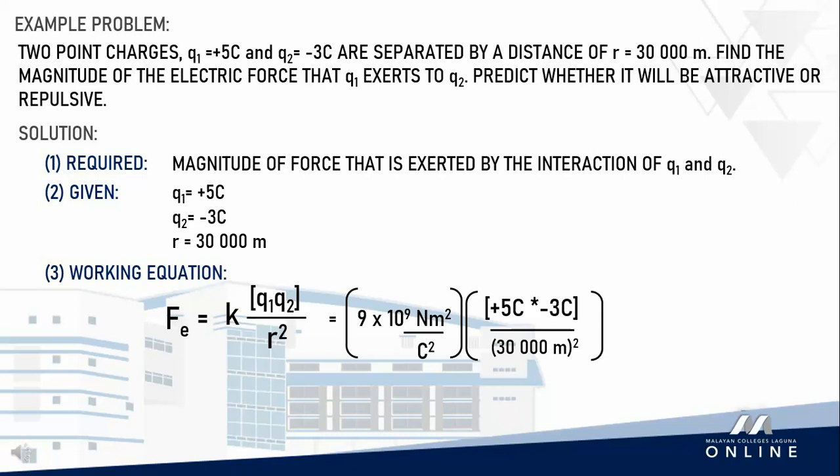Let us cancel the units until what is left is the newton, which is a standard unit of force, the quantity we are interested in. Solve this in your calculator, and the answer will be F sub E is equal to 150 newtons. We are also asked in this problem to identify whether the force is attractive or repulsive. Since the given charges are opposite, we have an attractive force.